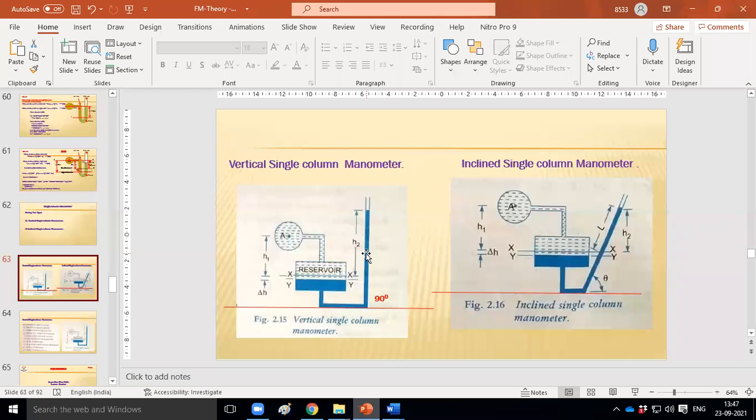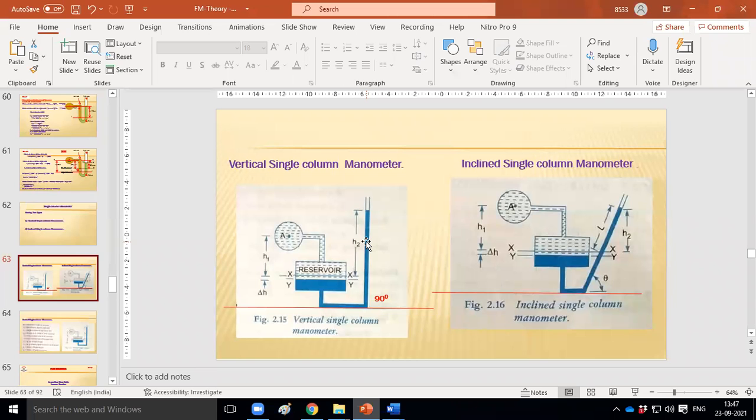If mercury goes down in the reservoir, at the same time the mercury level goes up in the right limb. And if the pressure in the pipe decreases, the mercury level goes up in the reservoir and at the same time goes down in the right limb.